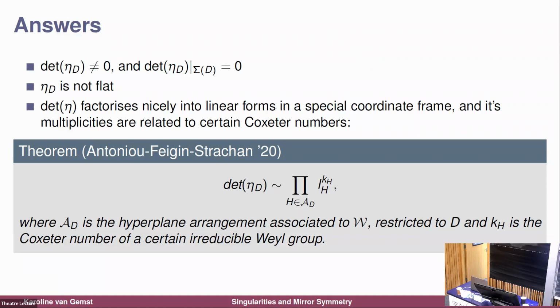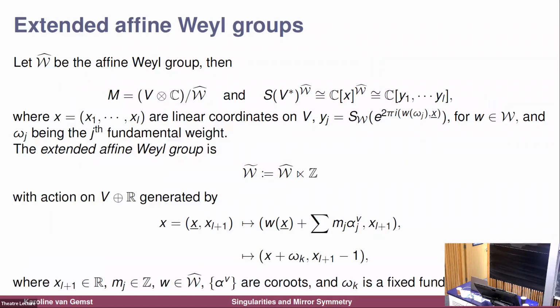Right, so that whole story is lovely for the Weyl group. But obviously my title has to do with extended affine Weyl groups, so I better talk about them. So firstly, the affine Weyl group, I will always denote that.